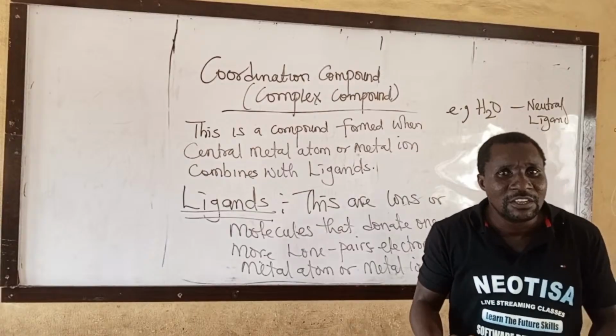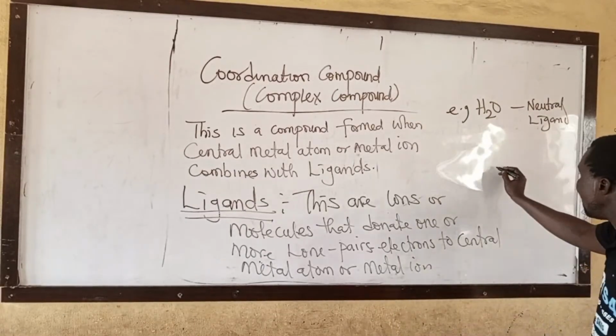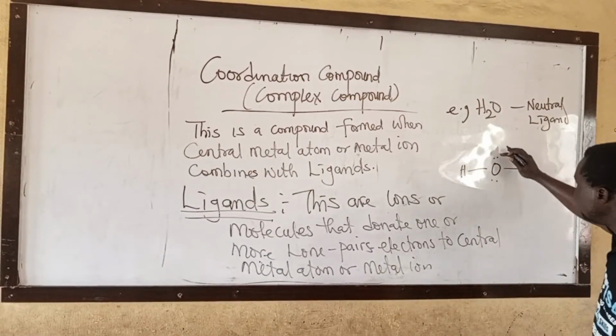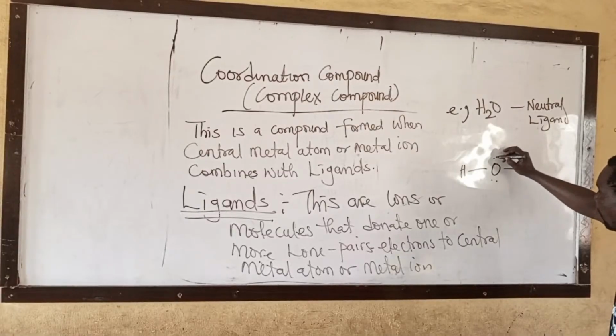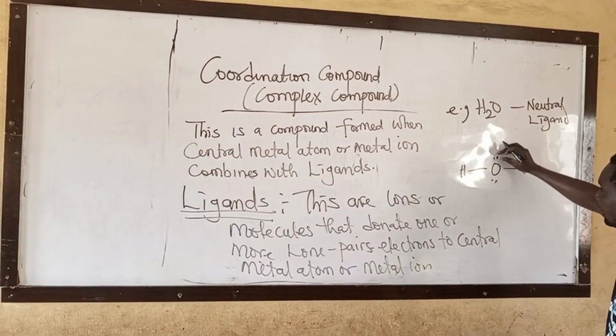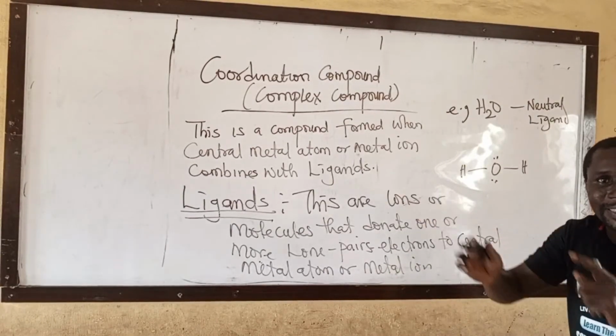You have done bonding in secondary school, SS1. This is the structure of water. These are the excess lone pairs. Water has two lone pairs to donate to the central metal ion.